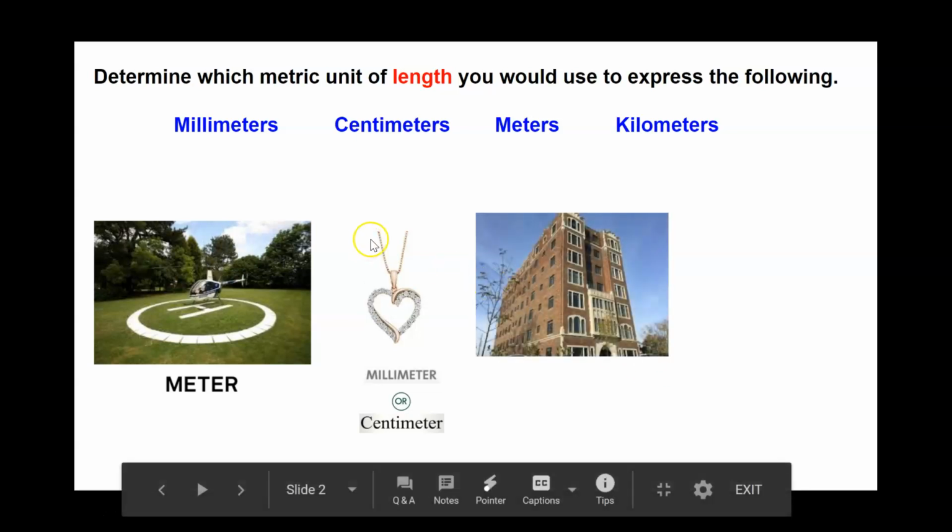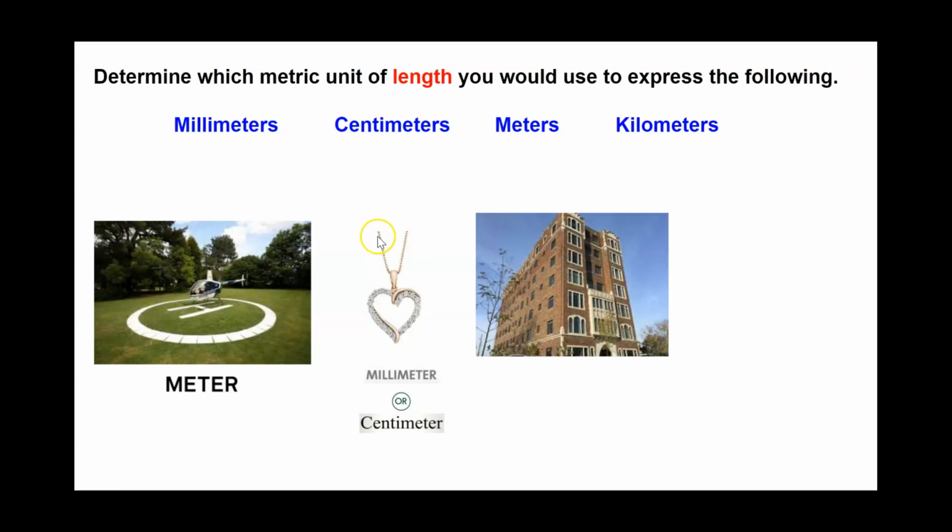What about a building? We got a lot of kilometers for this answer. This one again is still meters. Why do we say this is meters again? I think Corey got this one.